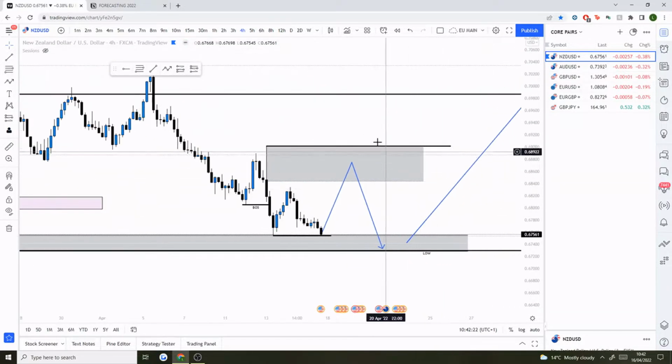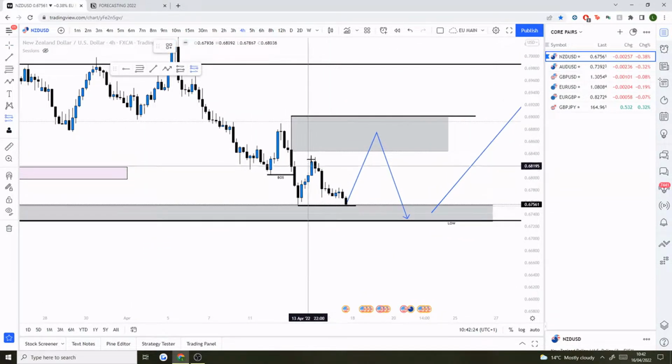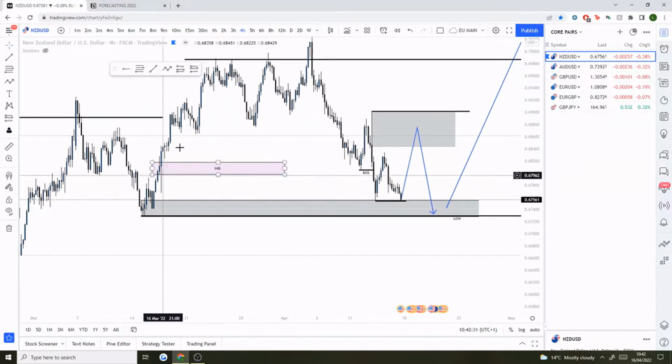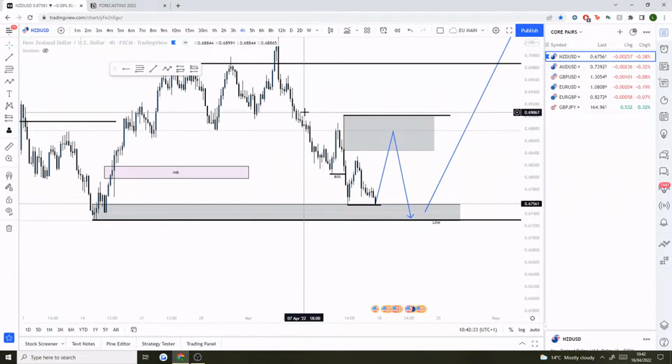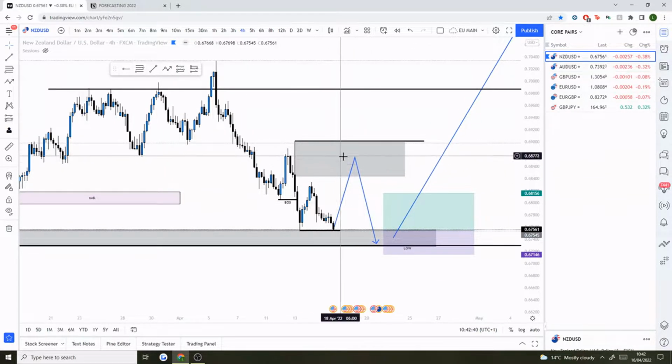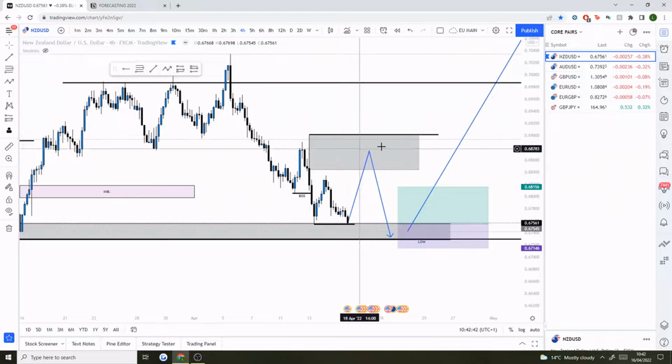So what I am really expecting is that we may just end up breaking the low due to this 4 hour price action. But obviously, looking at the daily, we are bullish, so we do have to keep that in mind. So start of next week on NU, we can look for buys out of here, but then when we do get into this area, I will be very wary.